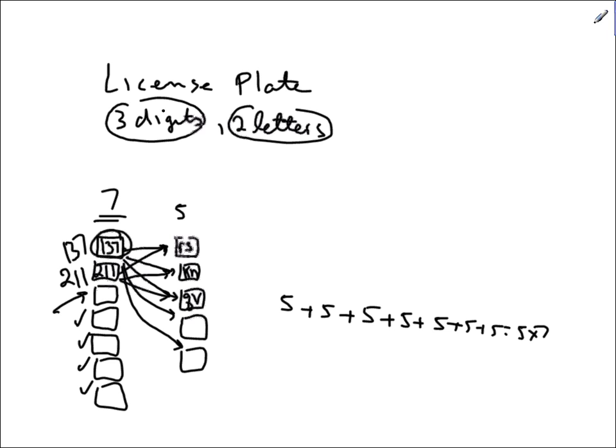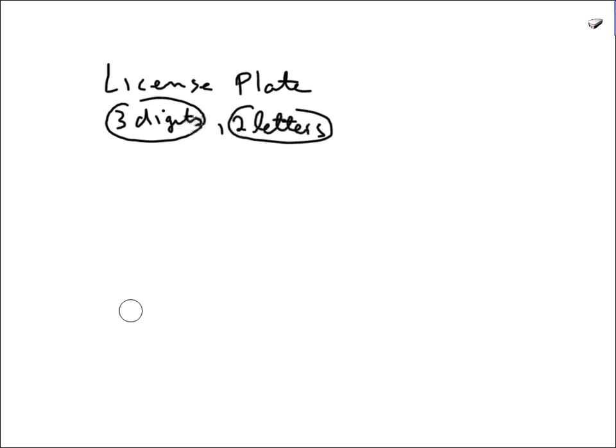If they really were just 7 3-digit sequences and 5 2-letter sequences, then we would multiply, and we would find out there would be 7 times 5 different license plates. But those numbers were wrong. I just wanted to show you why we're multiplying.